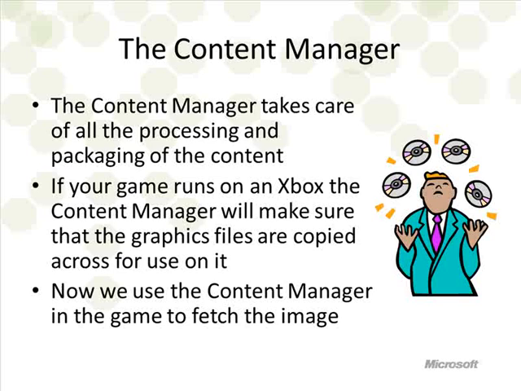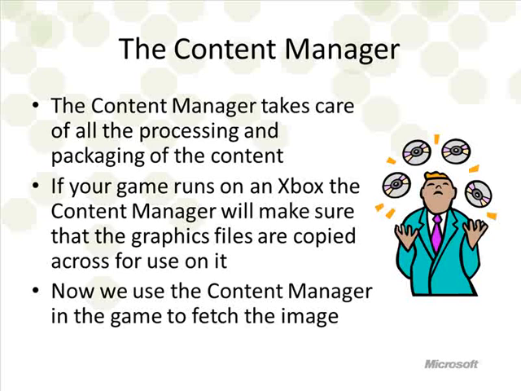The way it works is that every single type of data, whether it's an audio file, a JPEG picture, a PNG picture, or a model or whatever, has a particular type, a bit like you have Word documents and spreadsheets and PowerPoint presentations. All these files have a characteristic type, and the content manager has an importer and a processor for each of those types.